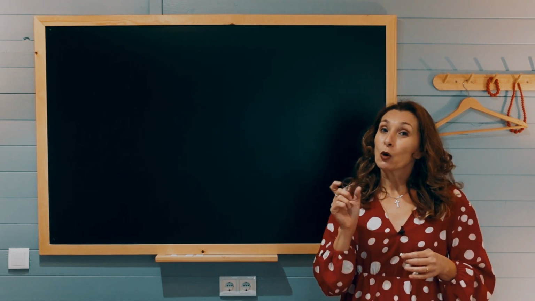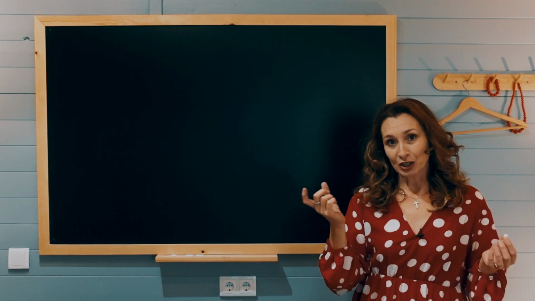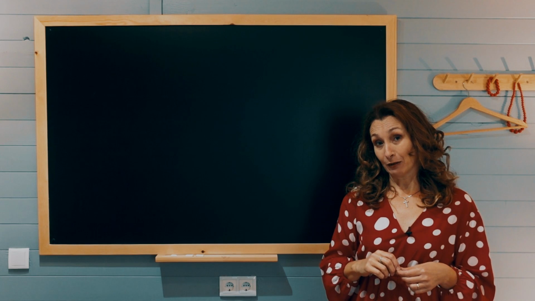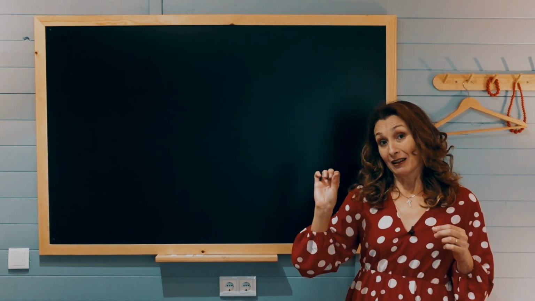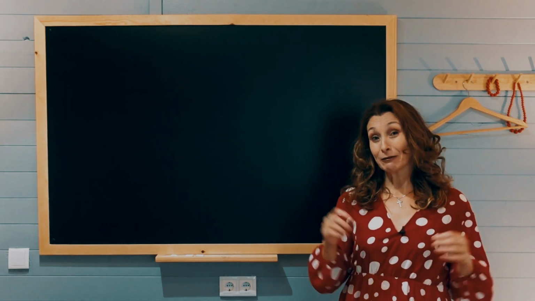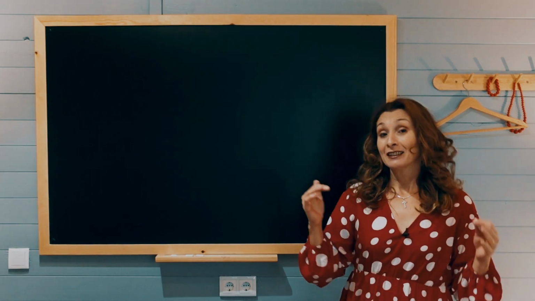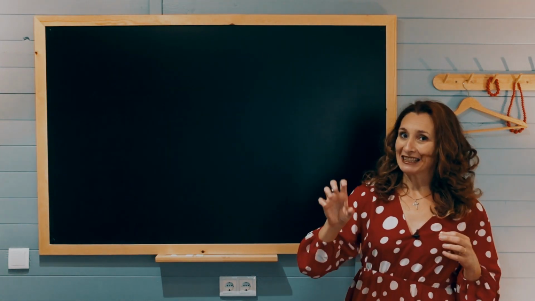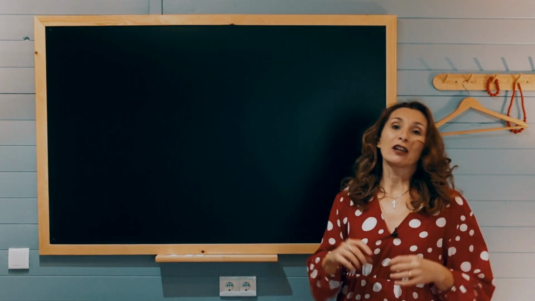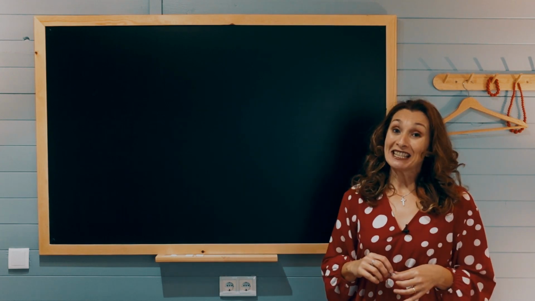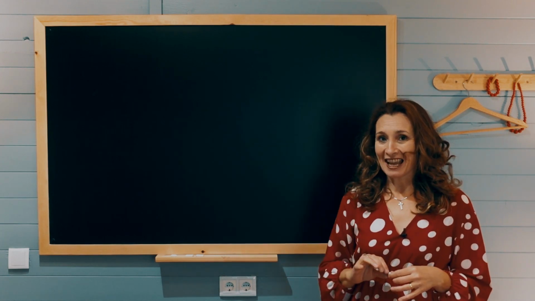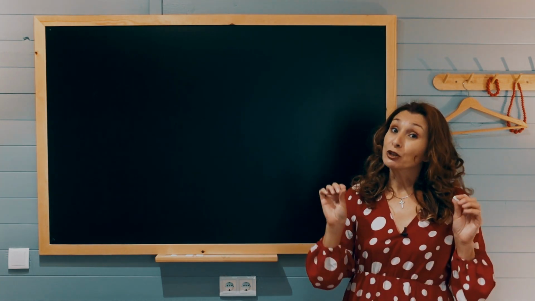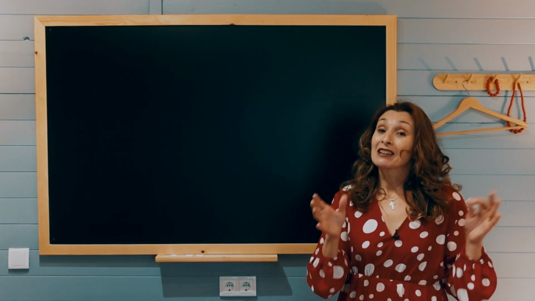The changes always happen in the root of the verb. So once we take away the typical infinitive ending ar, er, or ir, and we attach the endings of the conjugation of the tense that we need, those will stay in place and we won't have to worry about those. What we do have to worry about is the root.